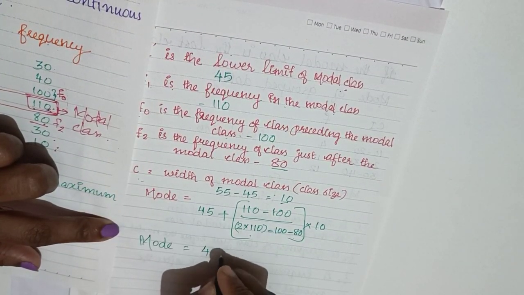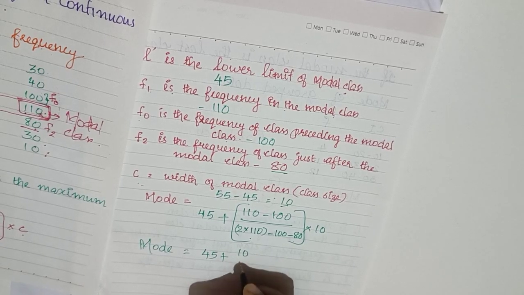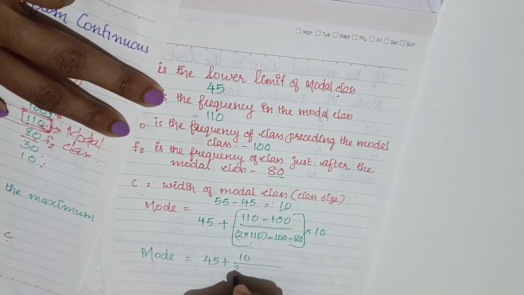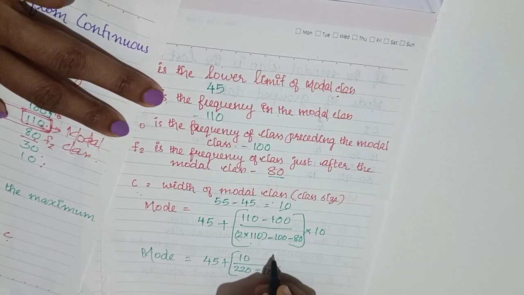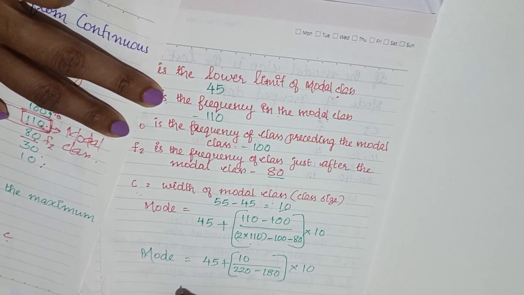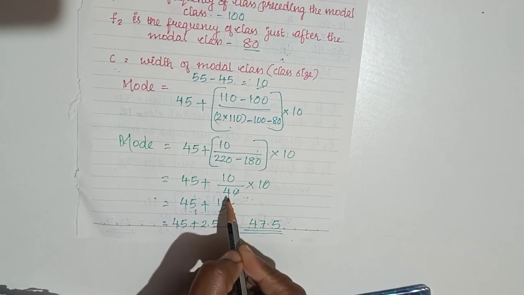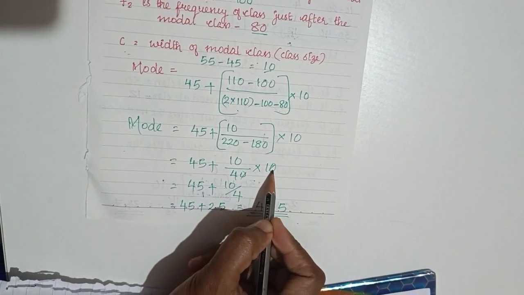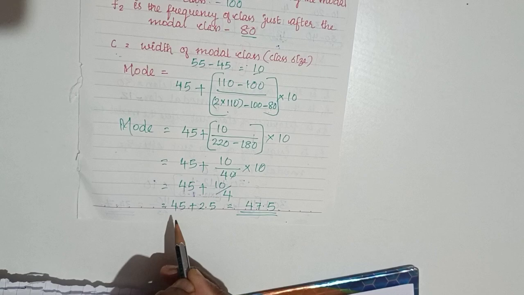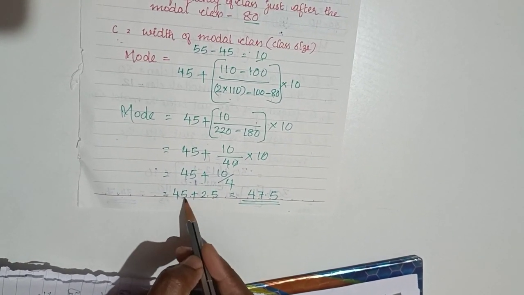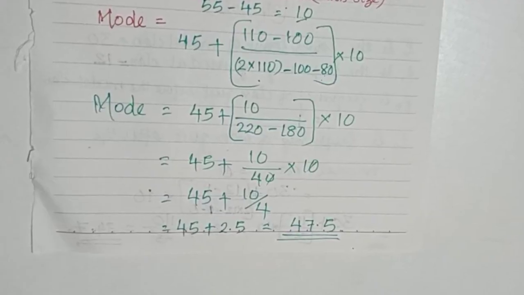That is, mode is equal to 45 plus 110 minus 100 is 10, divided by 2 into 110, that is 220, minus 180, bracket close, into 10, is equal to 45 plus 10 divided by 220 minus 180 is 40, into 10, is equal to 45 plus 10 divided by 4, which is equal to 45 plus 2.5, which is 47.5.